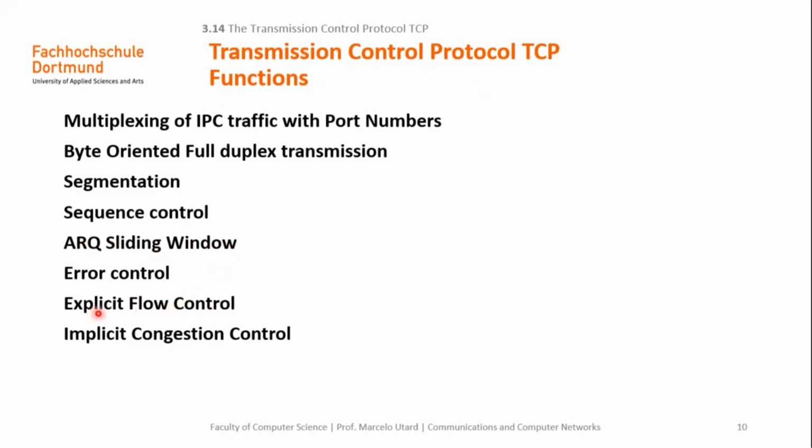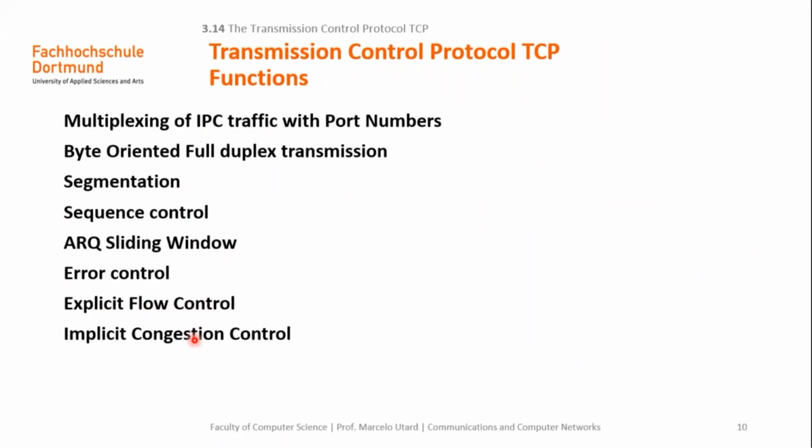But if there is congestion in the network, that situation is detected implicitly by the transmitter of the TCP entity.